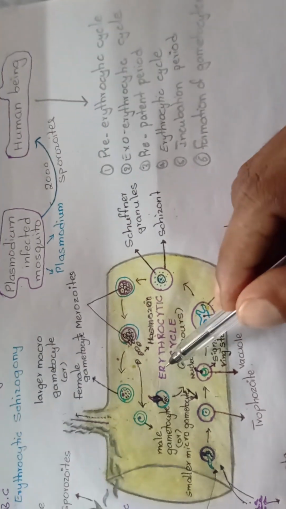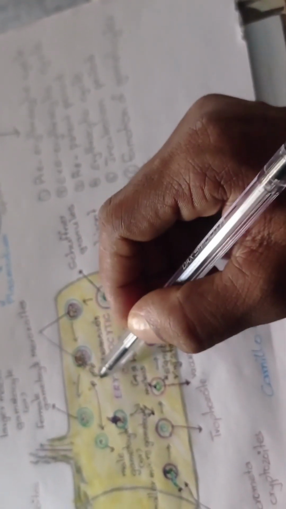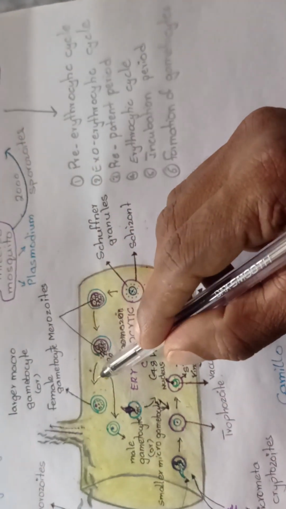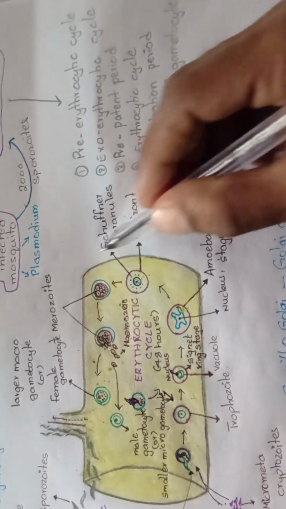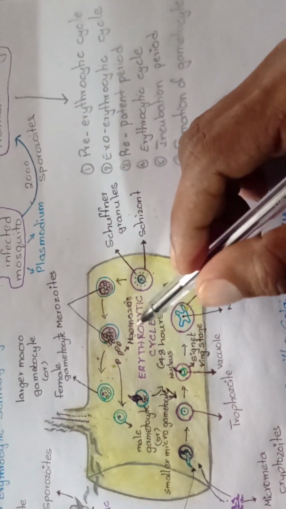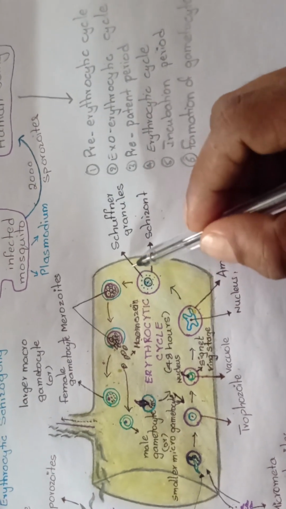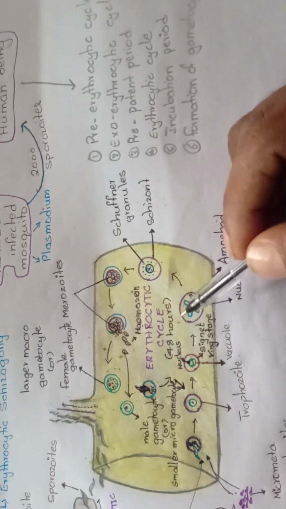When the merozoites re-enter the RBC, this is the completion of the erythrocytic cycle. The erythrocytic cycle duration is 48 hours.